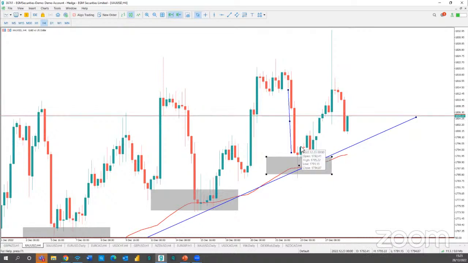It actually goes up and closes above the tail. That is the confirmation candlestick. That is a clear indication that there is a likelihood of the price going higher, so you can buy.